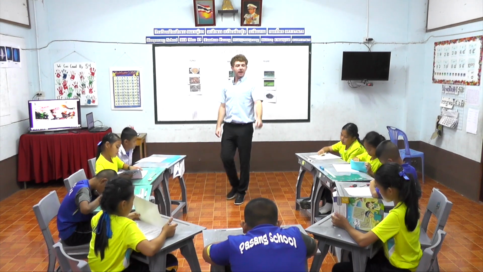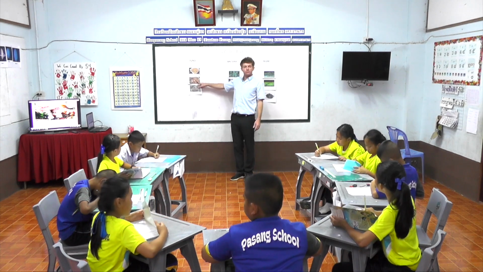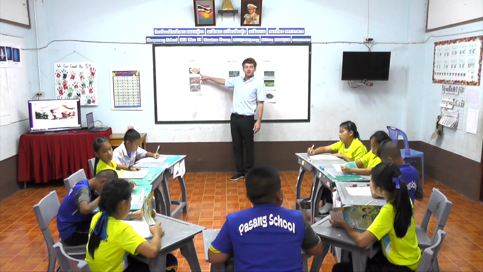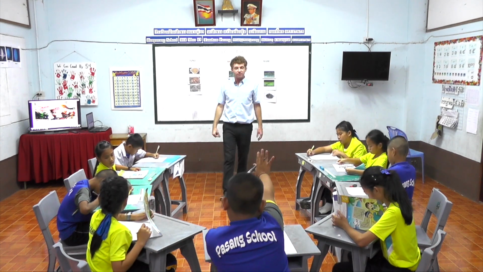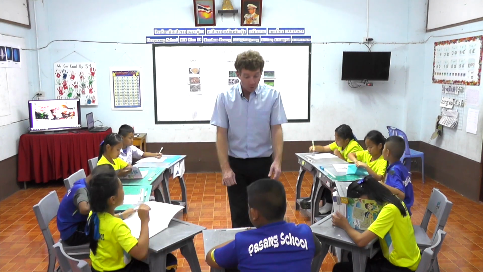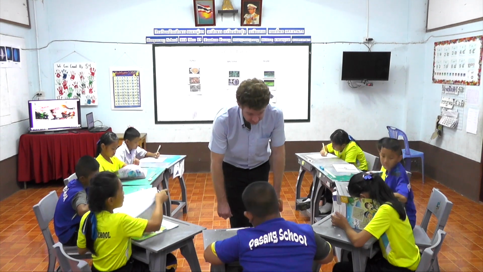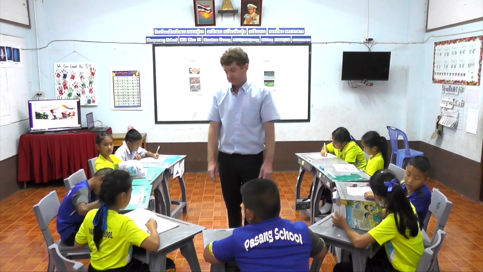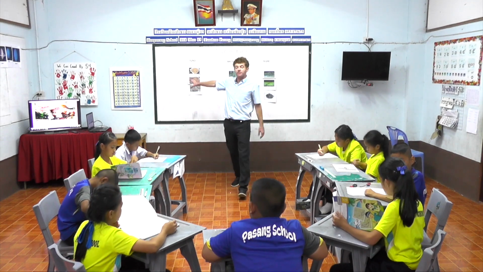So number 2, examples of fungi. What do we have? Mushrooms, mold, and yeast. Yeast. So can we find yeast in the vocabulary box? Or mold? Yes. Okay. So, examples of fungi. What 3 types of fungi do we have, Nadia?